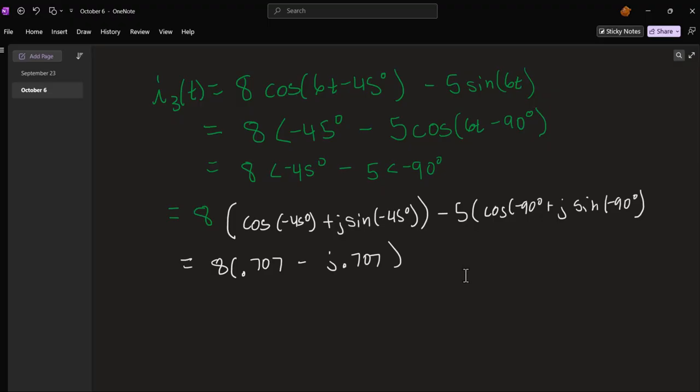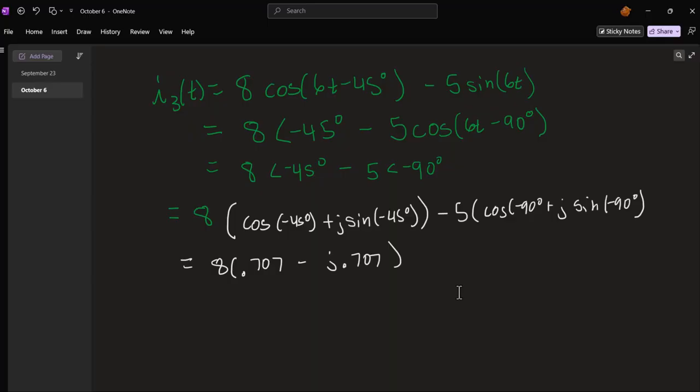The reactance is the imaginary part of impedance. And when we say imaginary part, you don't put the j with it. So when I say imaginary part, it's the part without the j.